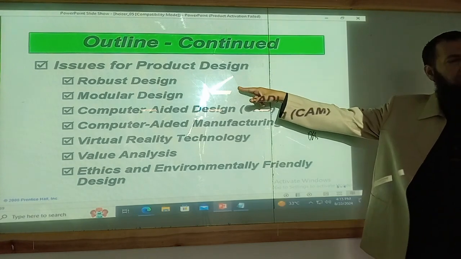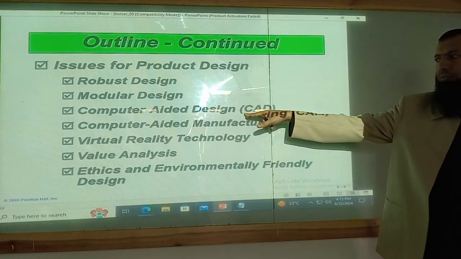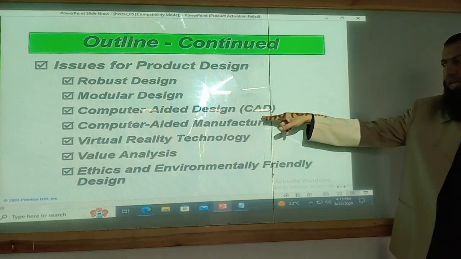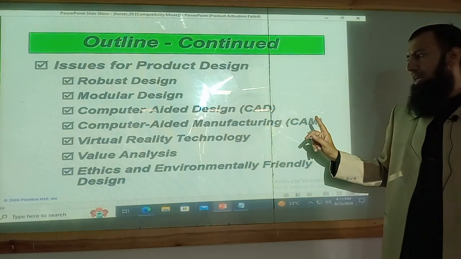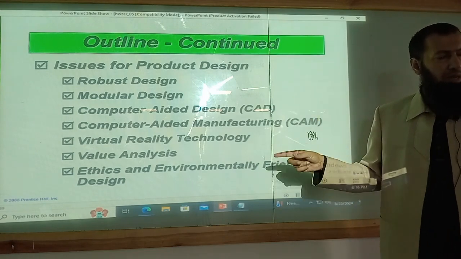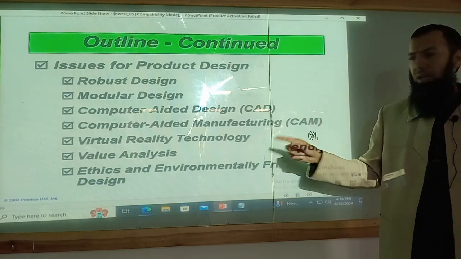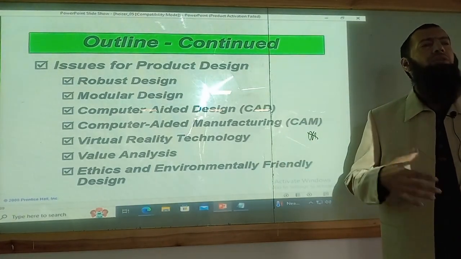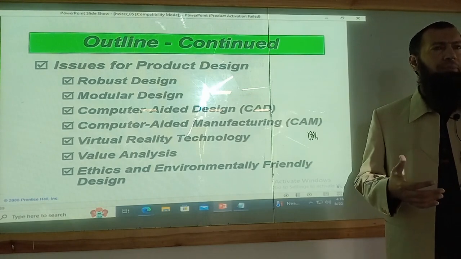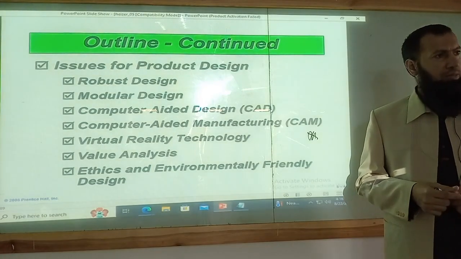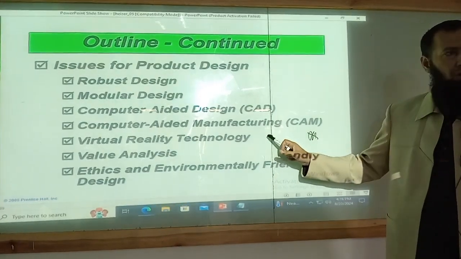Either you go with robustness, with the modular approach, with the CAD approach, that is computer-aided design. Through technology you design your product, and computer-aided manufacturing, you manufacture the product with the support of the computer. It is the virtual reality technology. Through virtual reality you basically test your product. So this is one of the important ones.